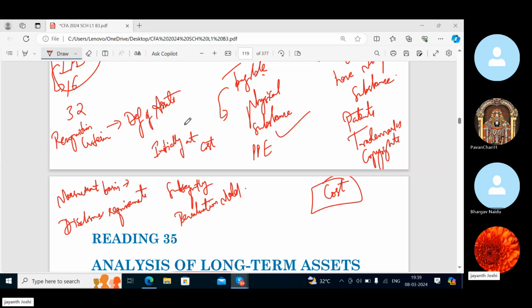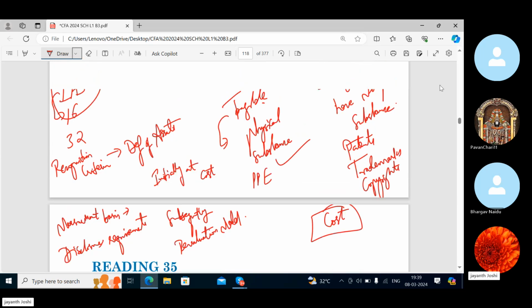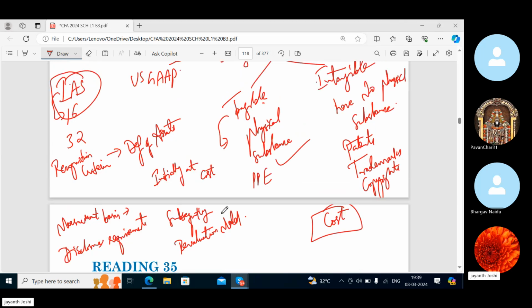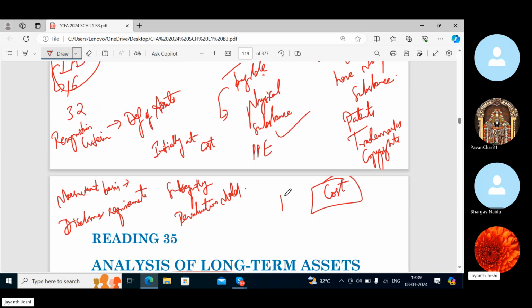So initially at cost and subsequently the revaluation model, only in the case of International Accounting Standard 16. Fine. And in US GAAP, only at cost. Cost is nothing but historical cost, and every year you have to reduce the asset value by subtracting the accumulated depreciation.